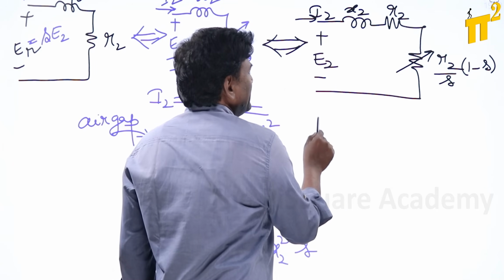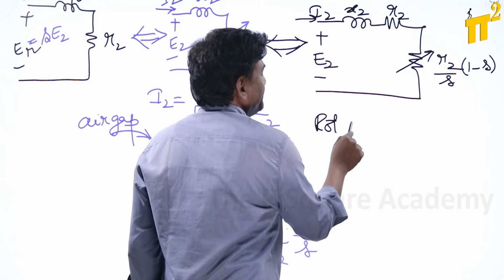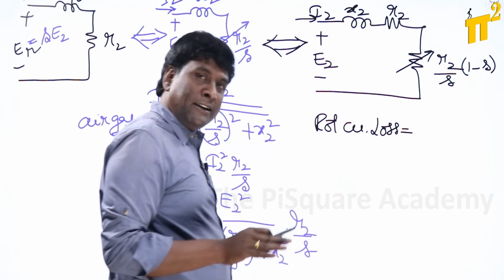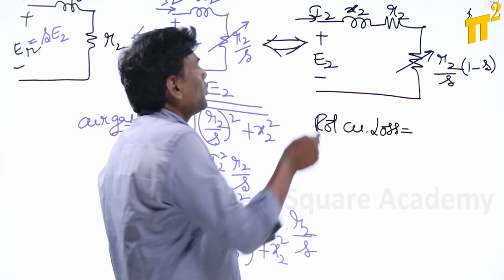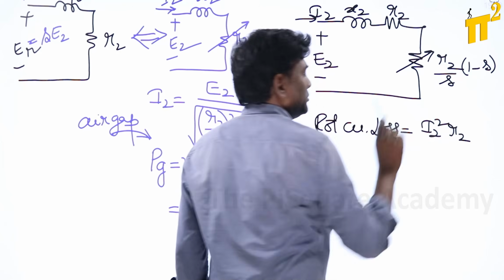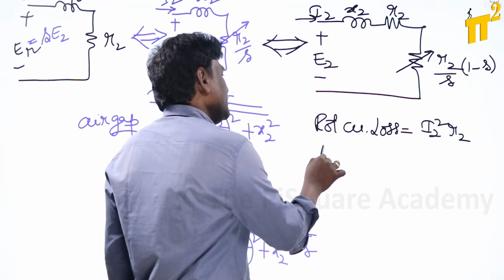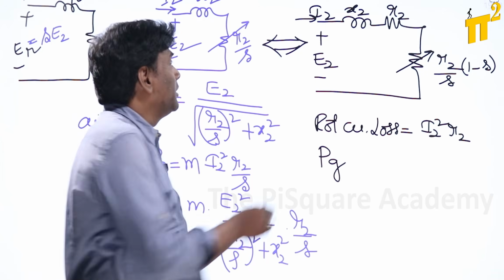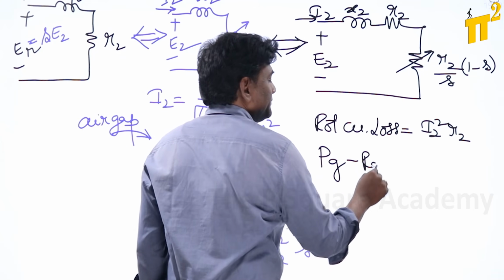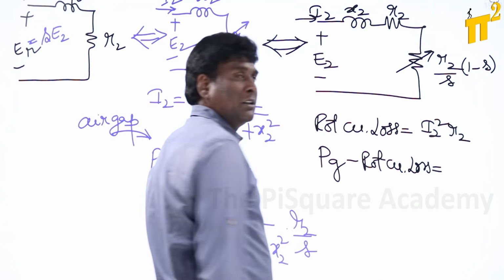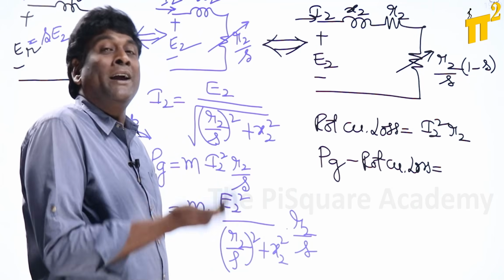Now the point here is, rotor copper loss will at any cost be there in all practical conditions of the induction motor. Rotor copper loss is going to be I2 squared R2. Now air gap power, which is the power input to the rotor circuit, minus rotor copper losses, is going to be the power delivered to the mechanical side.